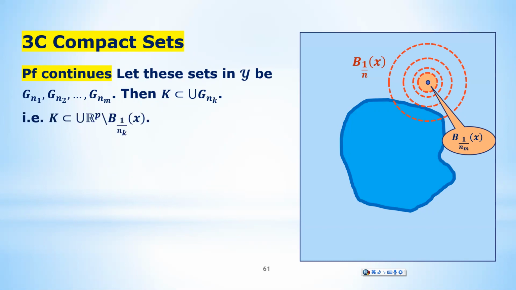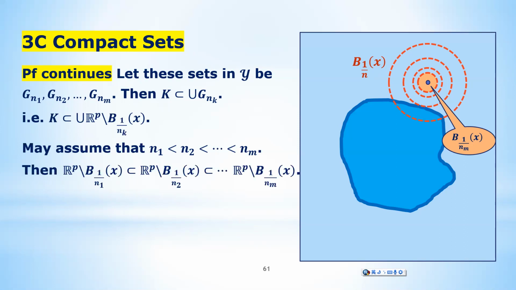And so K belongs to the union of all these sets. Using the B notation, K belongs to the union of R^p minus all these small balls. Now there's only a finite number of sets, so let's index them n1, n2, assuming they are in increasing order.